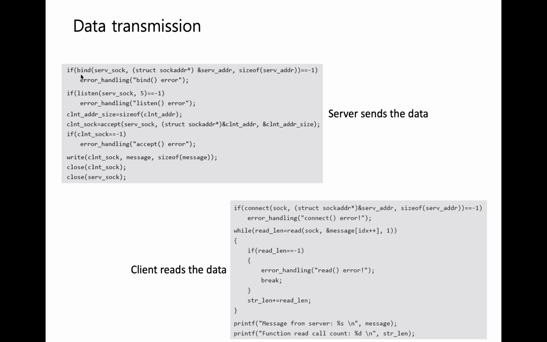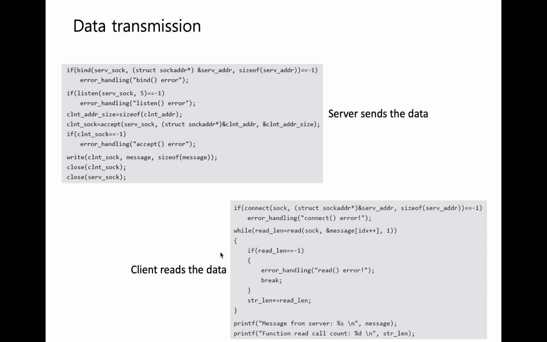After creating the socket, what we're doing is binding that socket to the server address, and after binding we are listening for client sockets, and then we are accepting one client, and we have that client socket file descriptor stored in this variable, and then we are writing data to that client socket file descriptor, and then we are closing that client socket, and after that we are closing the server socket.